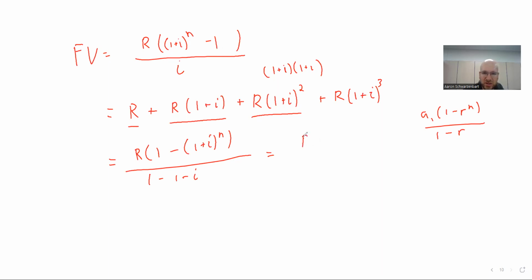So we end up here with this, over negative I. A negative, I can factor a negative out of my numerator's parentheses by turning it around.